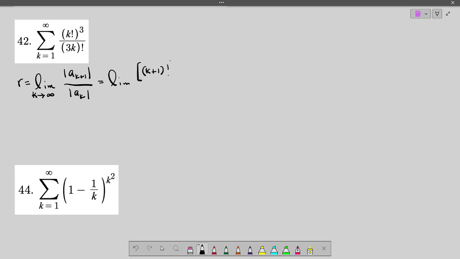So then this is going to be cubed. Is that okay? And in the denominator, we have to replace this k with k plus 1. That is going to be 3k plus 3 factorial.